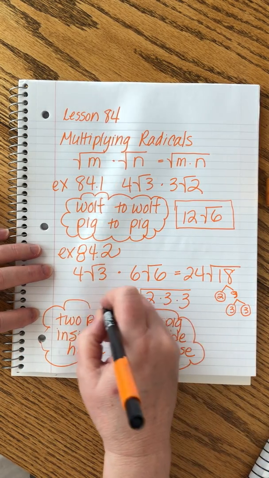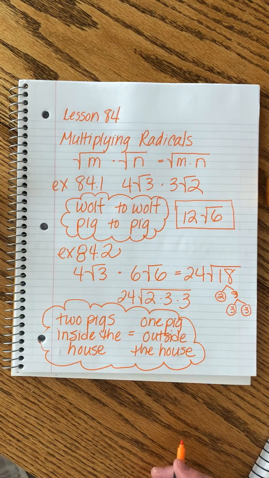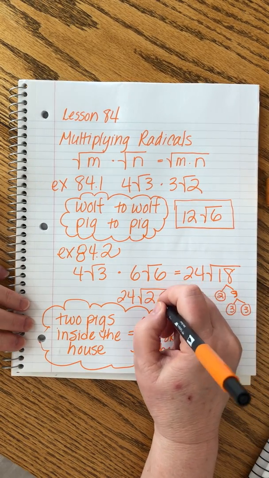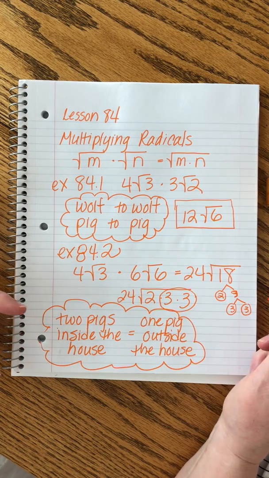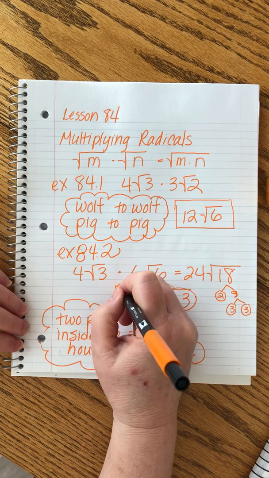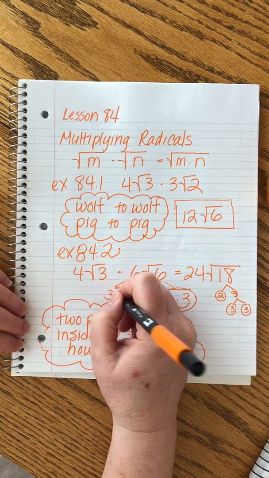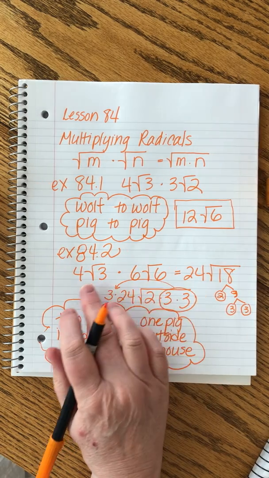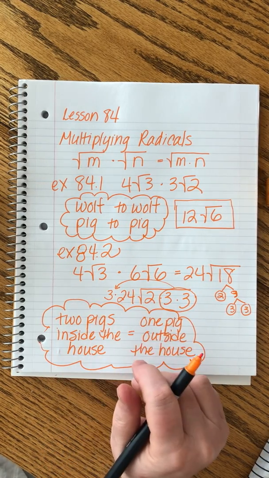These rules are gonna stay with us for a long, long time. So what that means is these 2 pigs that match, they have to match obviously, can come out of the house, but there's only one of them on the outside, and we multiply him by the wolf that's already out there.